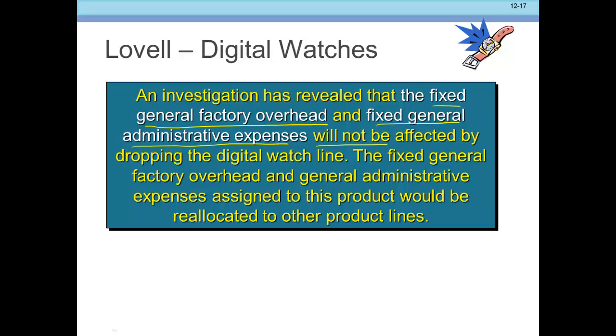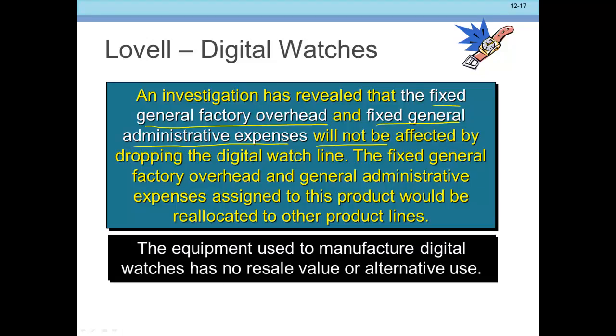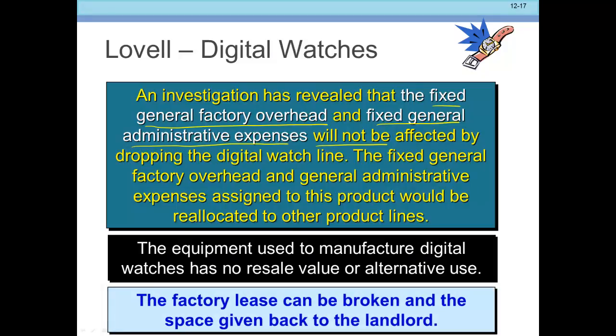Instead, these costs just get allocated to another product line. The equipment that is used doesn't have any market value or alternative use. So even if we close the product line, we will still have the depreciation cost. And we can break the factory lease. So, should we retain the digital watch line or drop it?